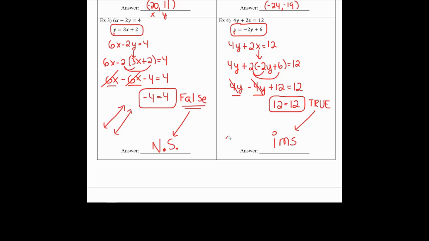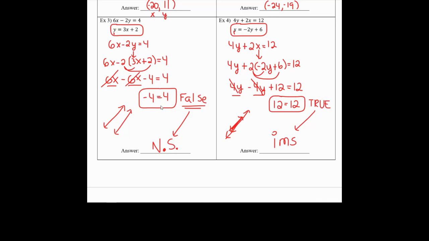In other words, if we were to graph this line, we would have two lines, one on top of the other.